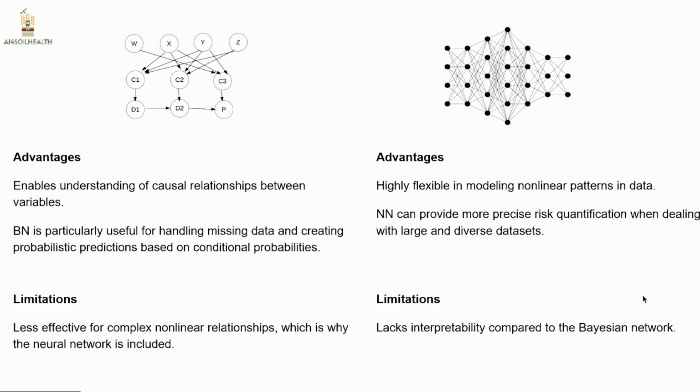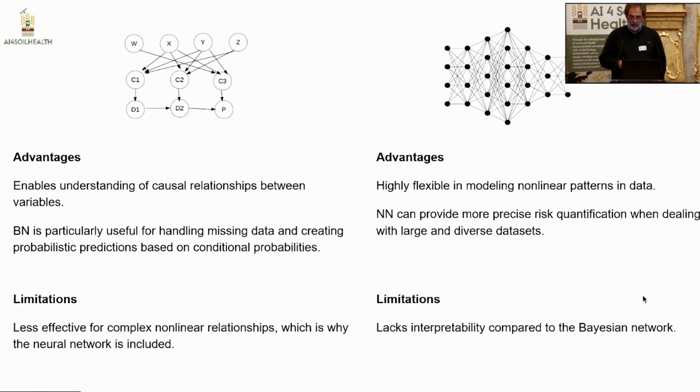And in the end, what are the advantages and limitations of Bayesian and classical networks? Bayesian networks excel at uncovering causal relationships between variables and are great for handling missing data. If you have missing data, a Bayesian network can help.